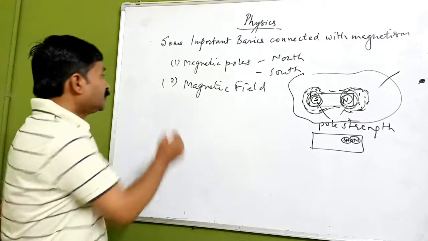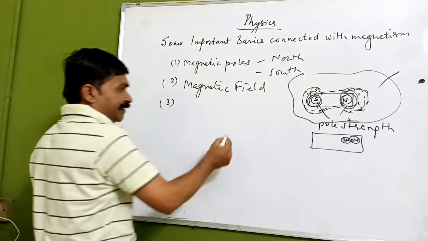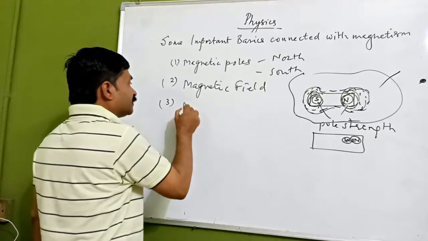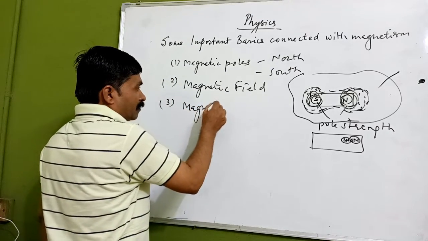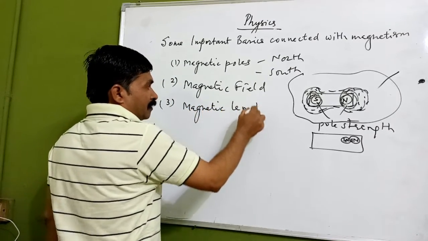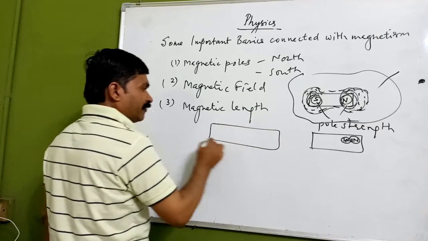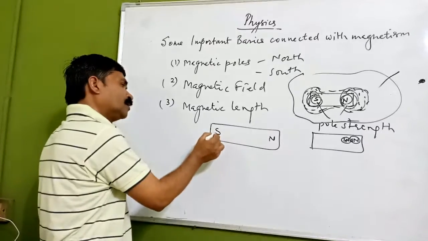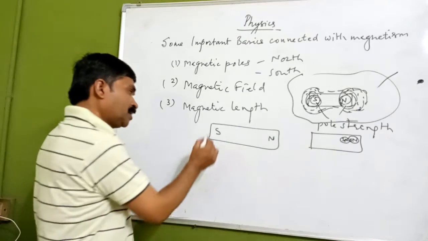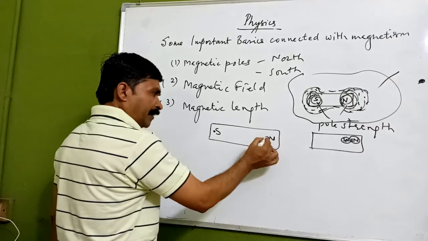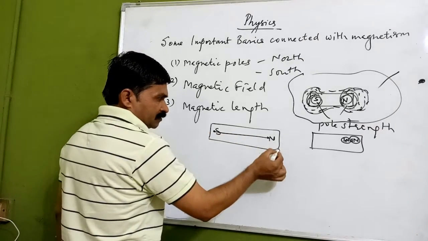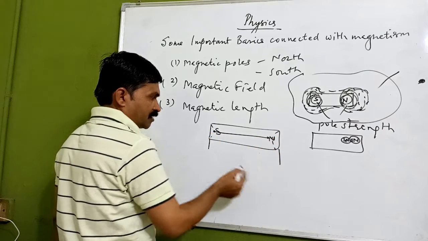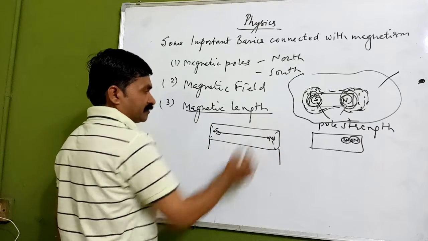Okay. Then if we go with the magnetic length, north and south, from this end, this is not the end, it is somewhat inside; here also it is inside. This is known as the magnetic length.